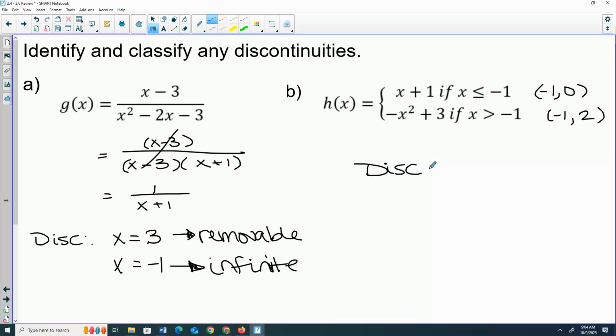So it's discontinuous when x is -1. What type would that be? Jump. You are jumping from one piece of the graph to the next. So we have our rules of continuity, and then we have our types of discontinuities that we need to know.